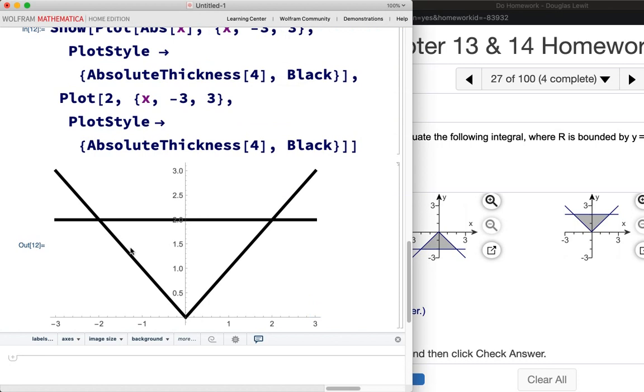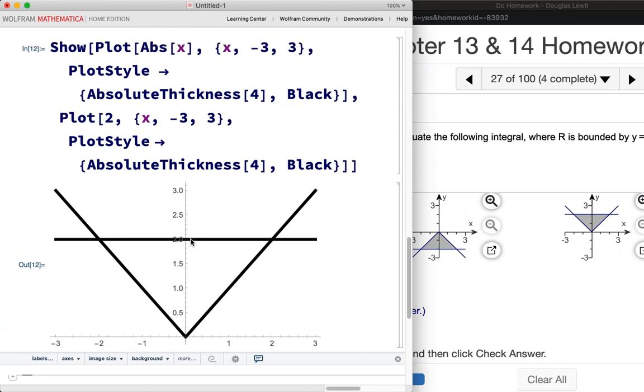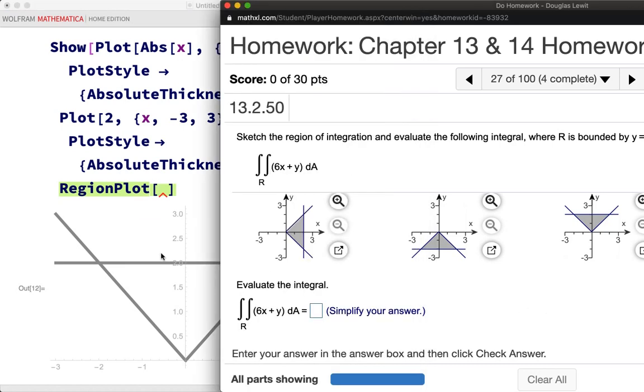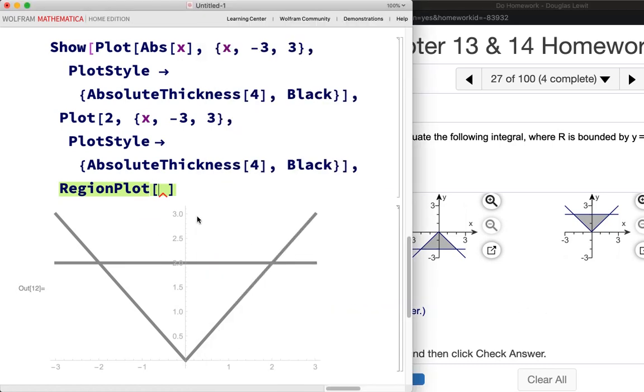So now we have to get the region. For something like that, the best thing to use is probably RegionPlot. Let's think about what we have to do. y is greater than or equal to the absolute value of x, so we're looking for y values that are greater than the absolute value of x, and y has to be less than or equal to 2.